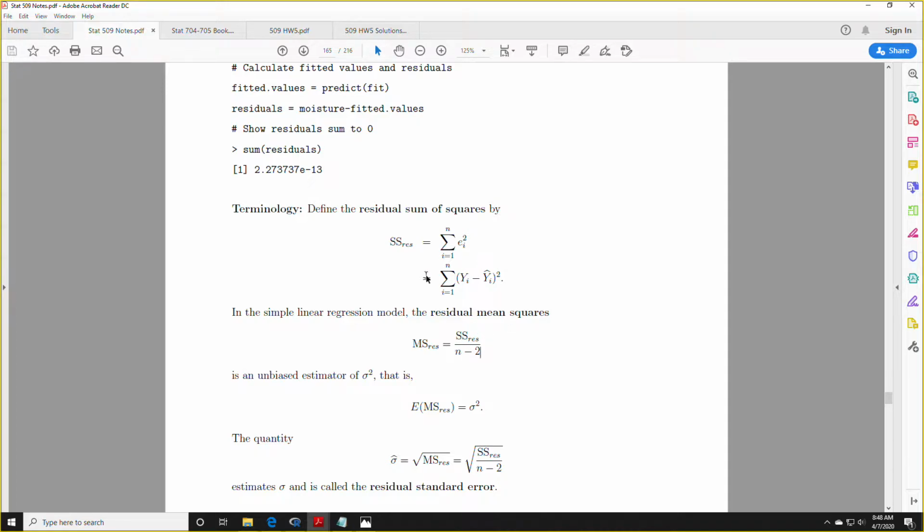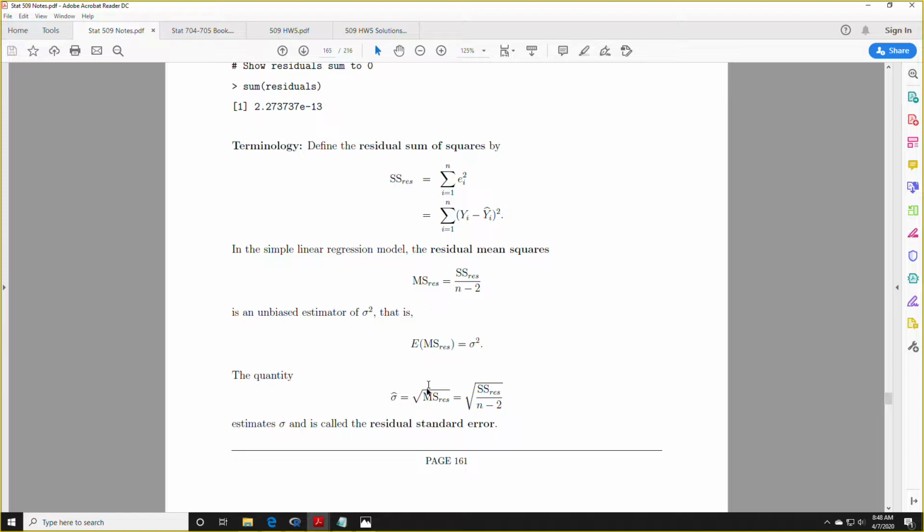So this quantity divided by n minus the number of parameters is the residual mean square, and that is an unbiased estimator for this variance. And of course, if you recall, standard error is nothing more than the standard deviation of an estimator. So the residual standard error is just the square root of the error mean square, or the residual mean square.